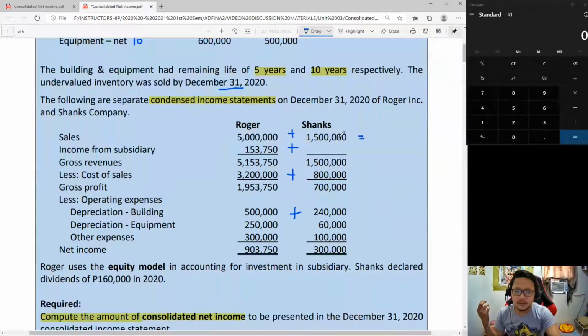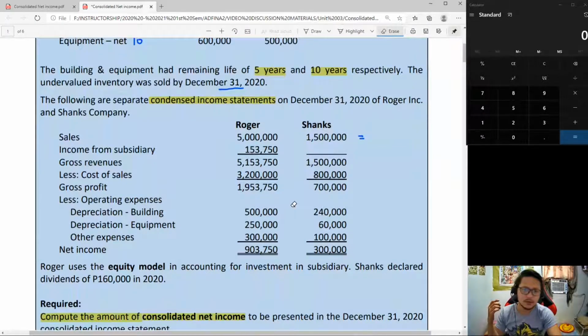Everything will be equal to my consolidated balance na if there are no other elimination entries. Yun sana. Pero since ang tinatanong dito is only the consolidated net income, we do not have to go through adding individual figures of the financial statement.